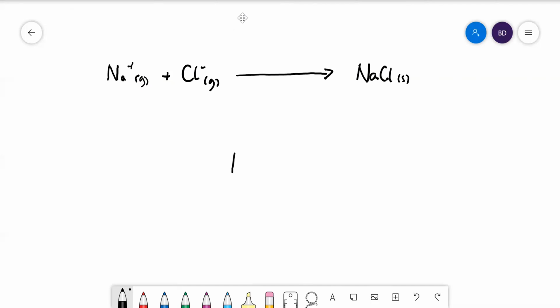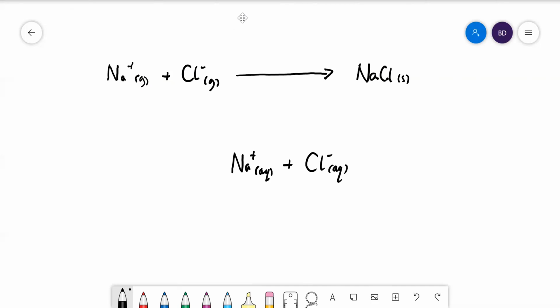So we've got Na+ gas and Cl- gas, and let's make that go to sodium chloride, which is a solid. And down here, I'm going to have not the gaseous ions, but the ions in aqueous solution, so the ions which have been surrounded by water molecules.